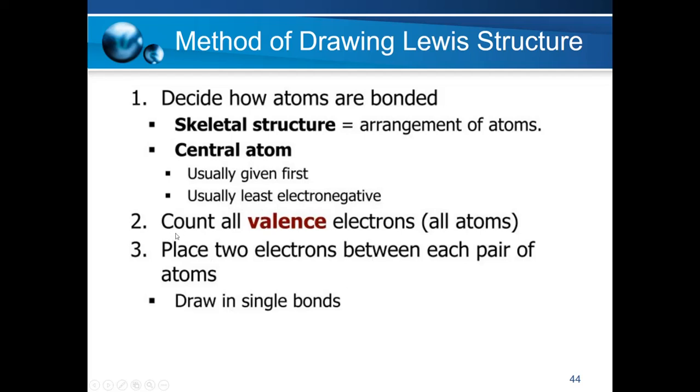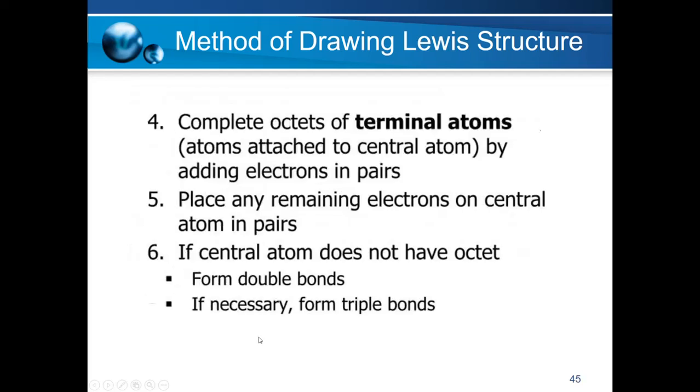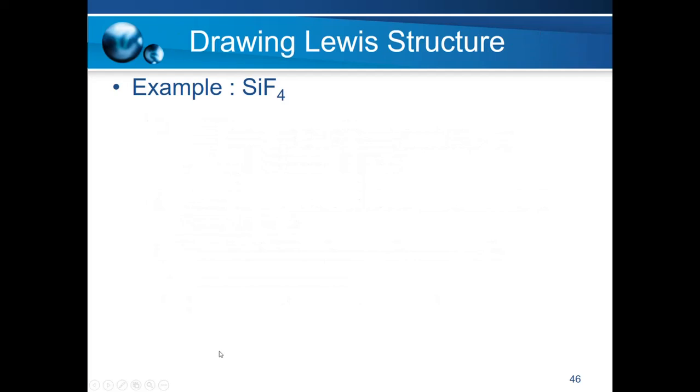After that, count all valence electrons for all atoms and place 2 electrons between each pair of atoms. Then draw the single bonds. Then complete the terminal atoms attached to the central atom by adding electrons in pairs. Place any remaining electrons on the central atom in pairs. If the central atom does not have an octet, form double bonds. If necessary, form a triple bond.